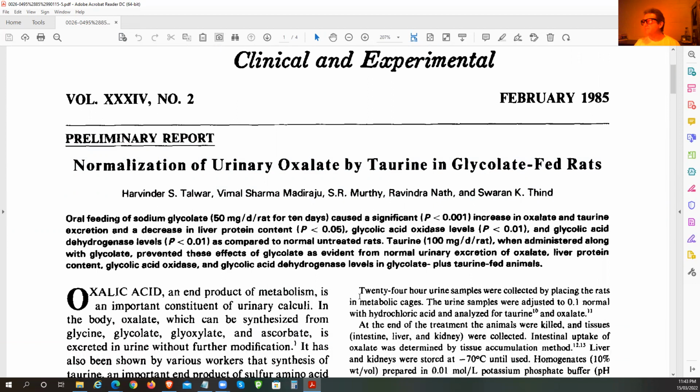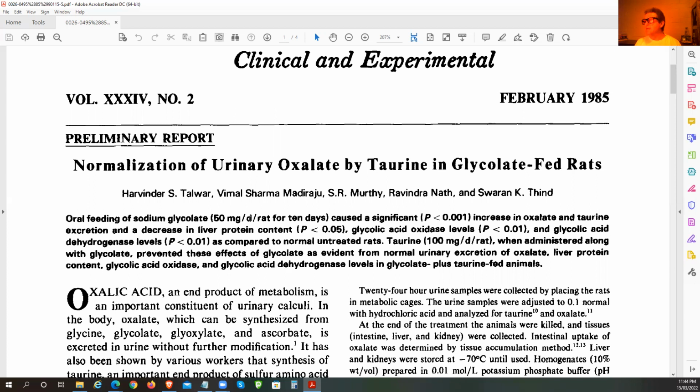Anyway, oral feeding of sodium glycolate, 50 milligrams a day per rat for 10 days. It's a lot. That's a lot for a small rat, which is about 100 grams. It's a ginormous amount.